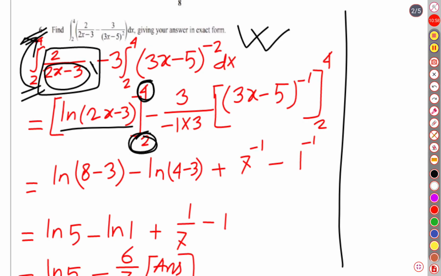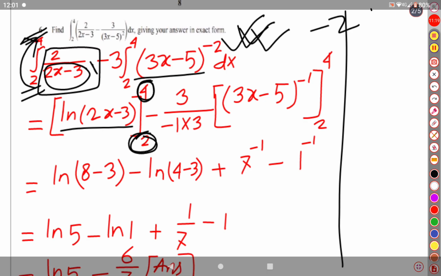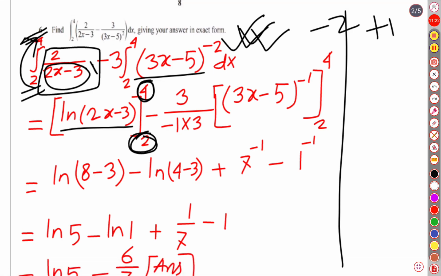Then the next function is 3x minus 5 with an exponent. Exponent is actually the key role player. Always we will focus on the exponent. Here exponent is negative 2. We know that exponent is always increased by 1 first. Let me add this: negative 2 plus 1 equals what?